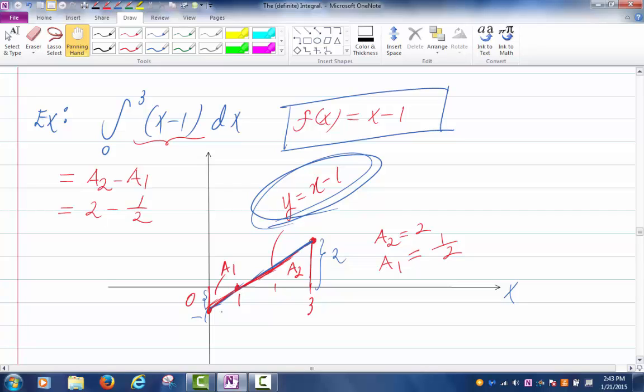So the net area in this case is coming out to be 3/2, which means that's the value of this definite integral. It is giving you the net area. You can calculate this definite integral by using the power rule and so on. You'll see that you get the same answer. Everybody's okay with that?